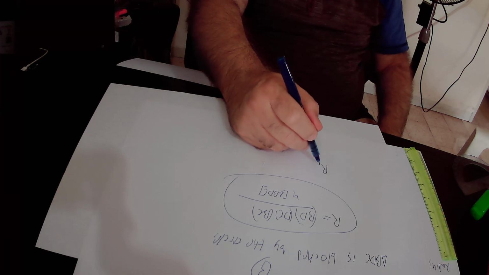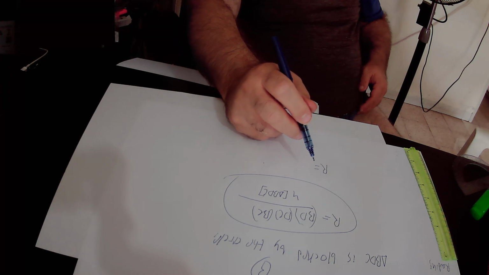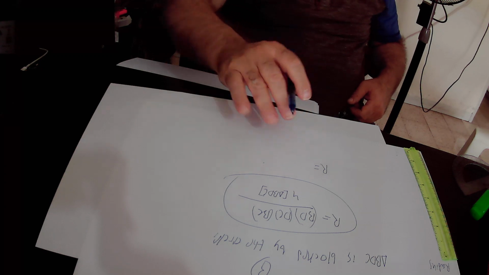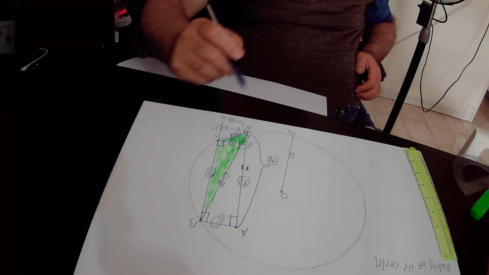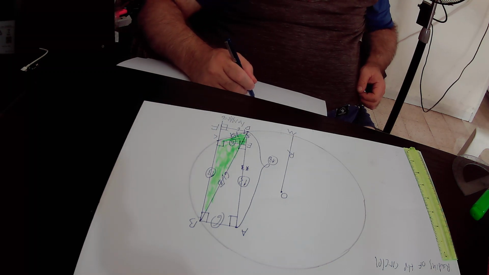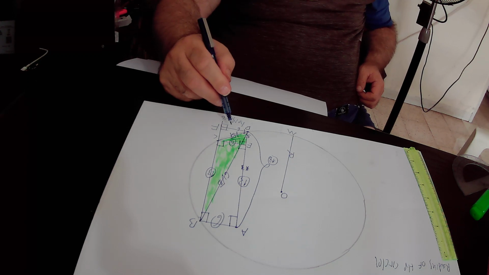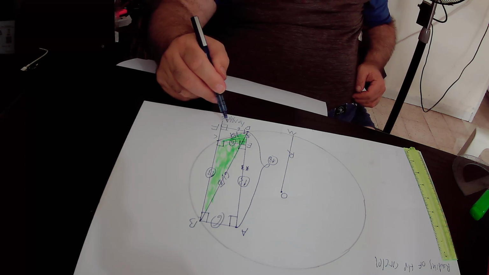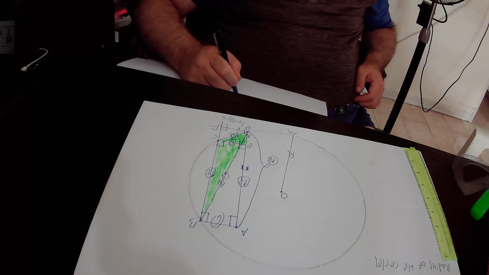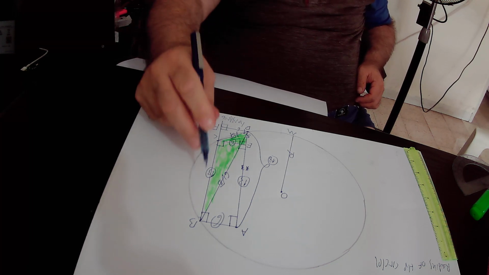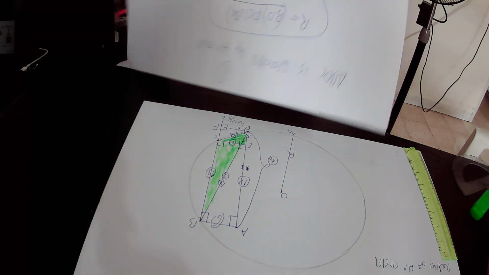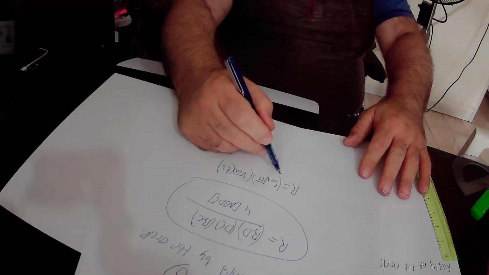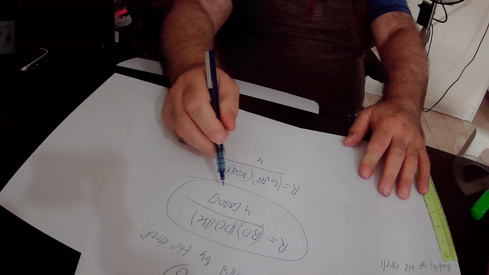So capital R, that is the radius of the circle that blocks triangle BDC, will be equal to BD equals 6 times square root of 10 units, times DC equals the square root of 61 units, times BC equals 13 units, over 4 times the area of the green triangle BDC.